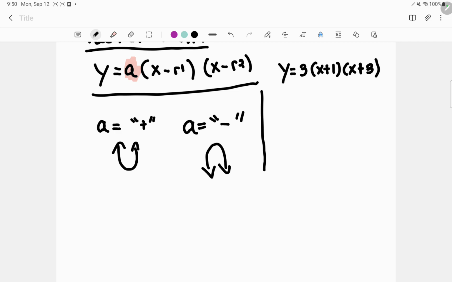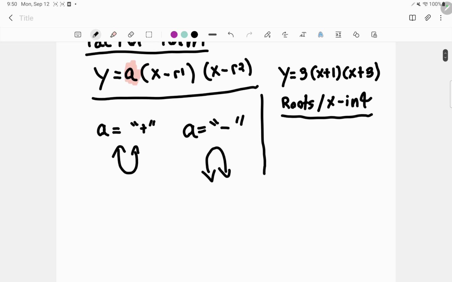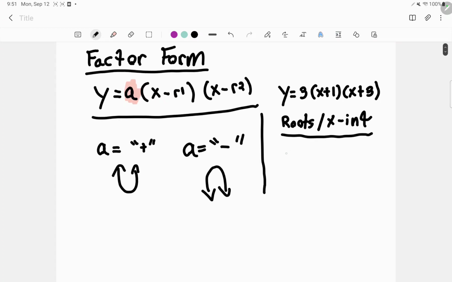Whenever you have something in factor form, the easiest thing to find is going to be your factors or your x-intercepts. So we're going to be looking for the roots, also known as my x-intercepts. That's the first thing I want you guys to go ahead and find whenever you get a problem like this. And it's going to be relatively easy. All you have to do is get whatever's in parentheses, and set it equal to 0.